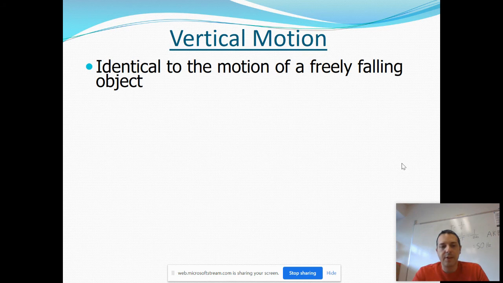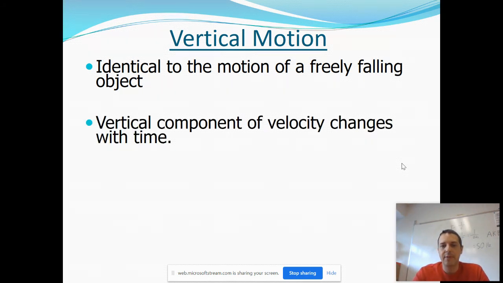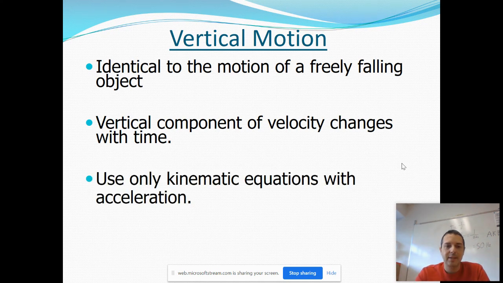When we talk about this vertical motion, and I already mentioned this, it is exactly identical to the motion of a freely falling object. The vertical component of velocity will change with time, and it's going to be 9.8 meters per second less every second. We're only going to use our kinematics equations to do this.